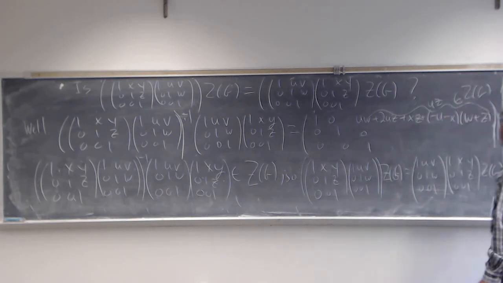So basically the coset group is abelian.